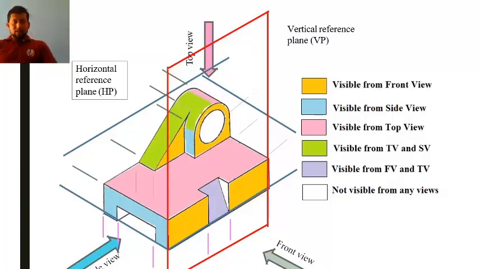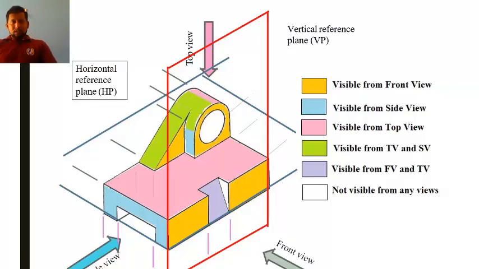Here arrow marks are given for the front view, the pink color is the top view, and this blue-green one is the side view. So out of all the dimensions this isometric view has, what you are able to see is mentioned here by color coding.